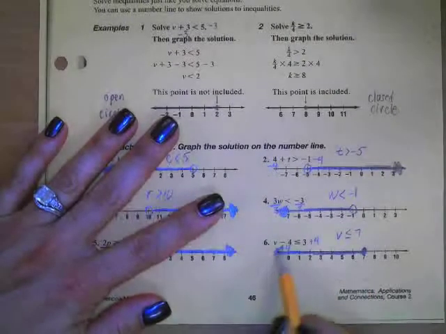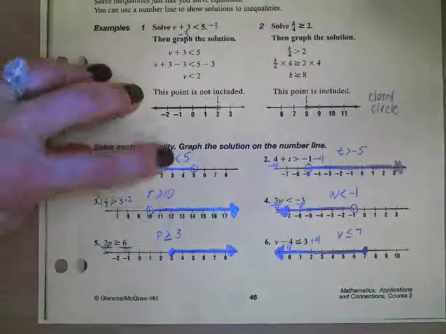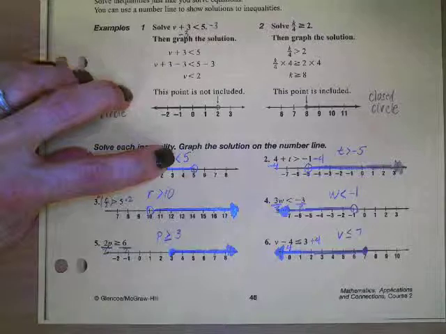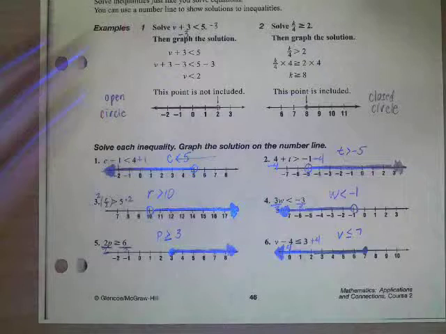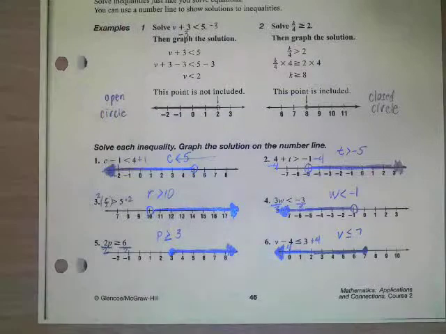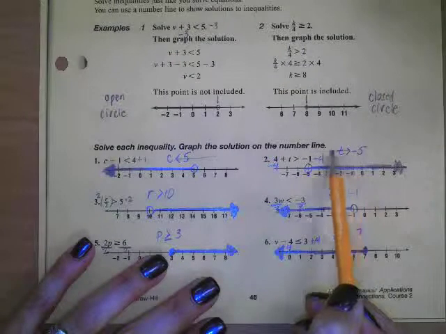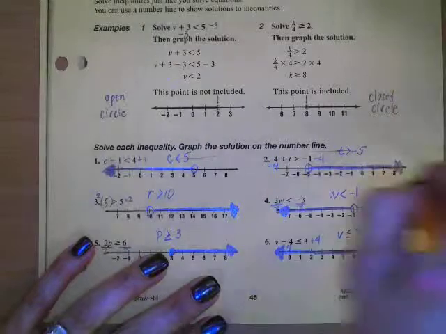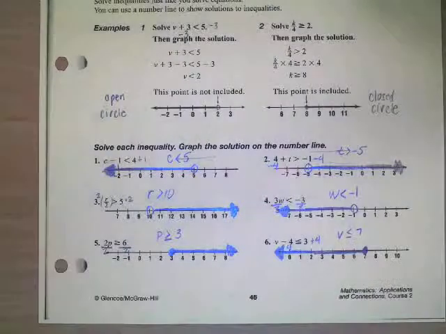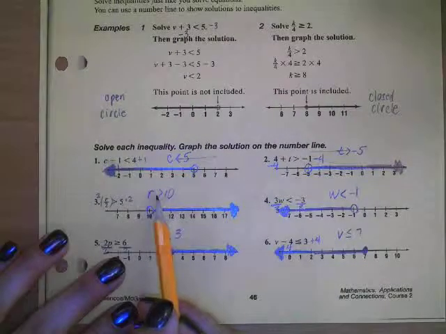All right, can I show you something a little tricky? See this less than sign? If I turn this less than sign into an arrow, which way is my arrow pointing? To the right.